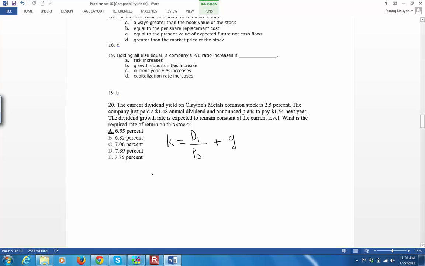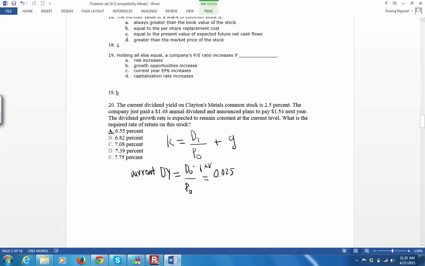Now the current dividend yield, which is equal to D0 over P0, is equal to 0.025. D0 is basically 1.48.